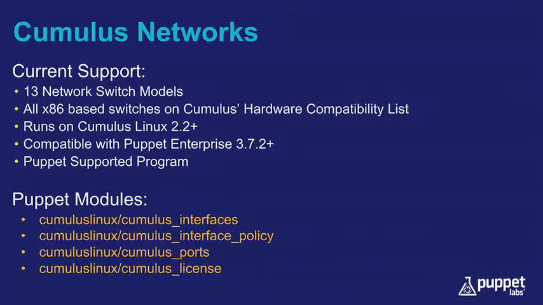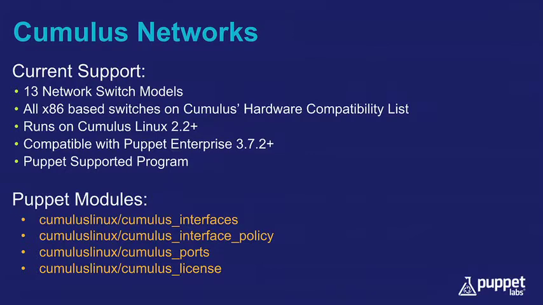The Puppet support is currently available for all the x86-based switches. There are some PowerPC ones as well, but right now the support is based on the x86 models, and is available with Cumulus Linux 2.2 and later, working with Puppet Enterprise 3.7.2 and later. These are also Puppet supported, and what Cumulus did is a little bit different. They have different modules that they split up by functionality, in terms of all of their interfaces.